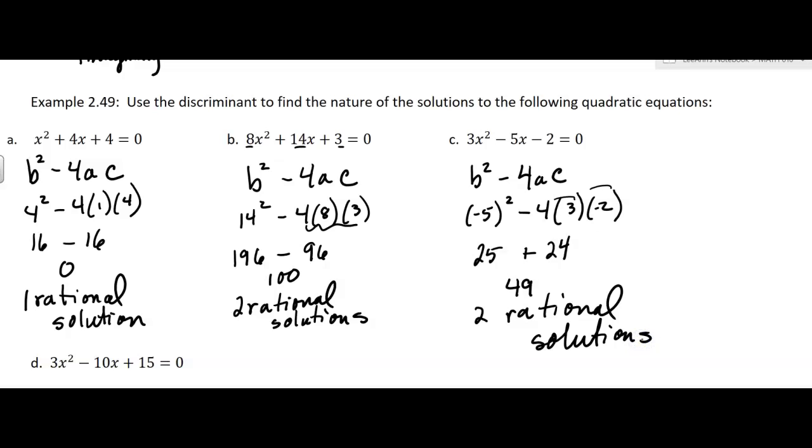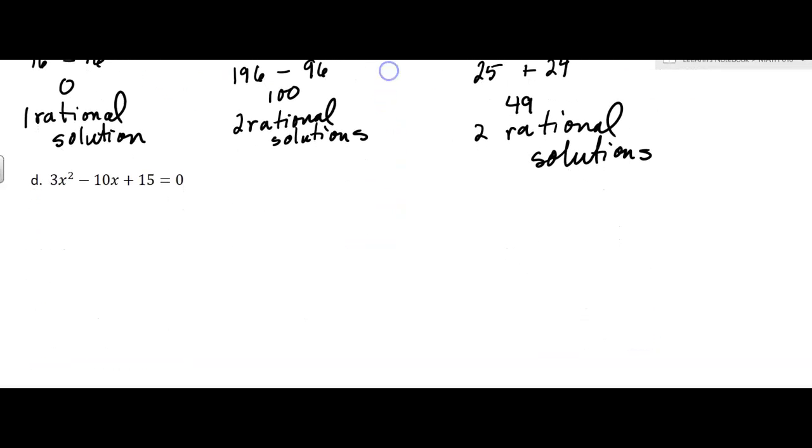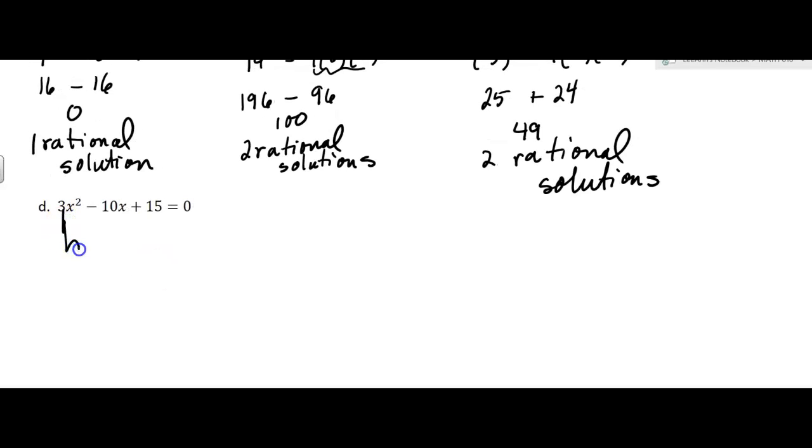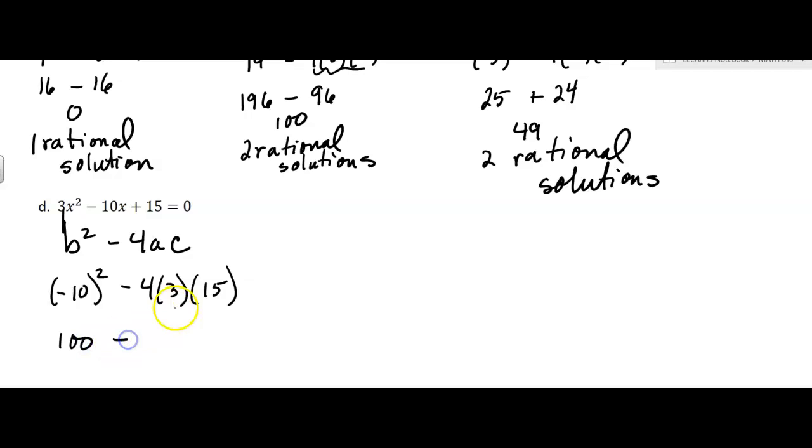And then we've got one more problem. So again, we're finding the discriminant. b squared minus 4ac, sorry about that. So I have negative 10 squared minus 4 times a times c. So I'm going to have 100 minus, and then 4 times 15 is 60, times 3 is 180.